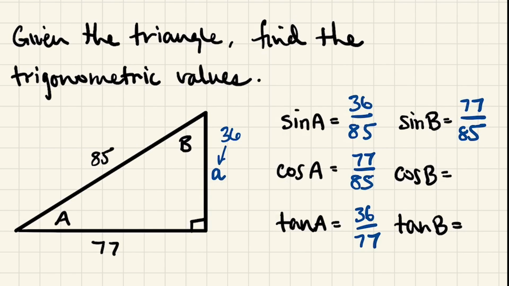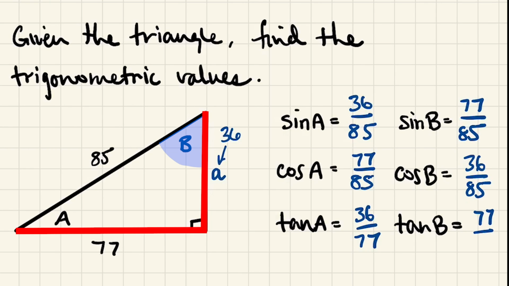Cosine of B is adjacent over hypotenuse. So adjacent to angle B is 36. Hypotenuse is 85. And tangent of B, TOA, opposite over adjacent. So for angle B, the opposite side is 77, and the adjacent side is 36.